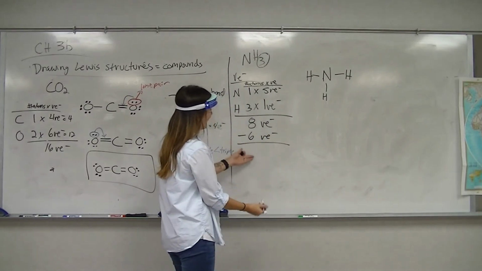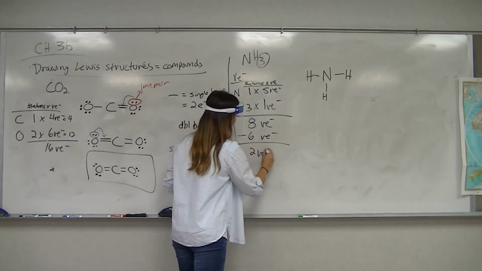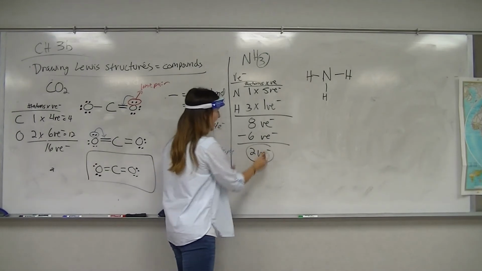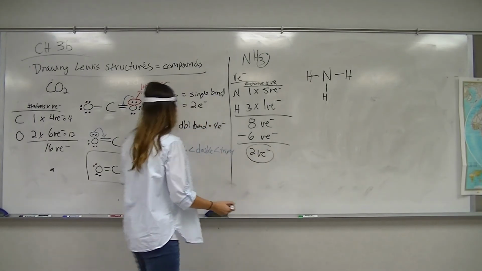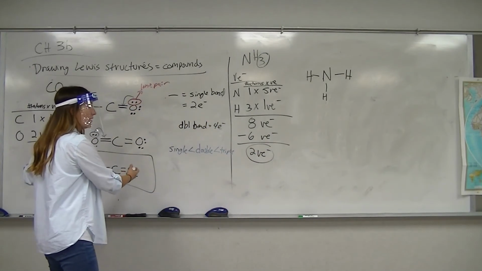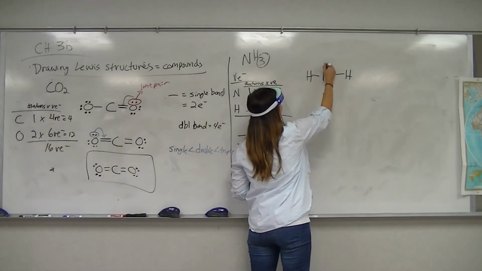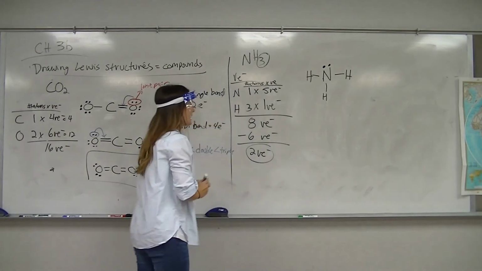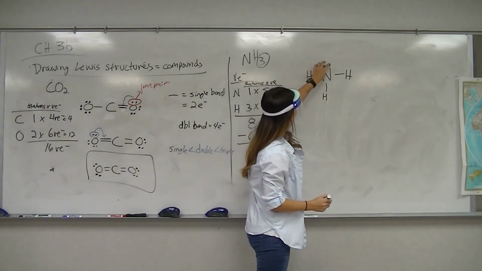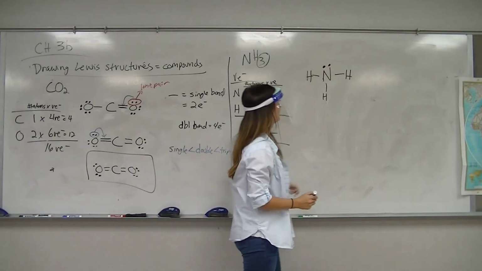How many do I have left? 2. Since I have extra, instead of making a double or triple bond, I can just take these 2 and put them as an electron pair on nitrogen. So nitrogen now has 2, 4, 6, 8.